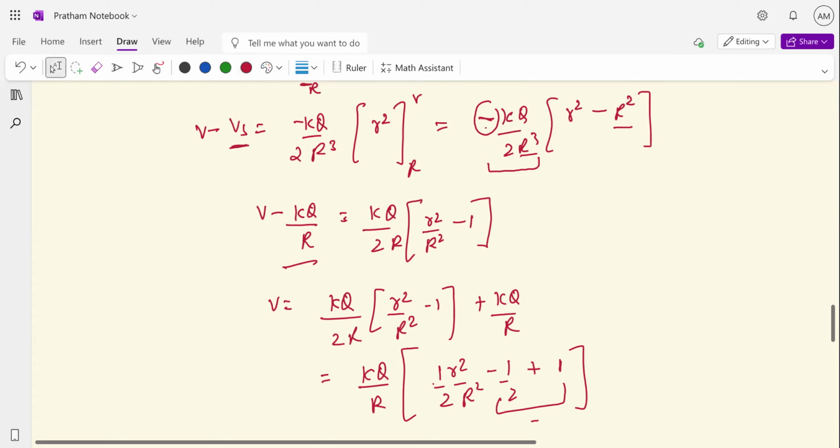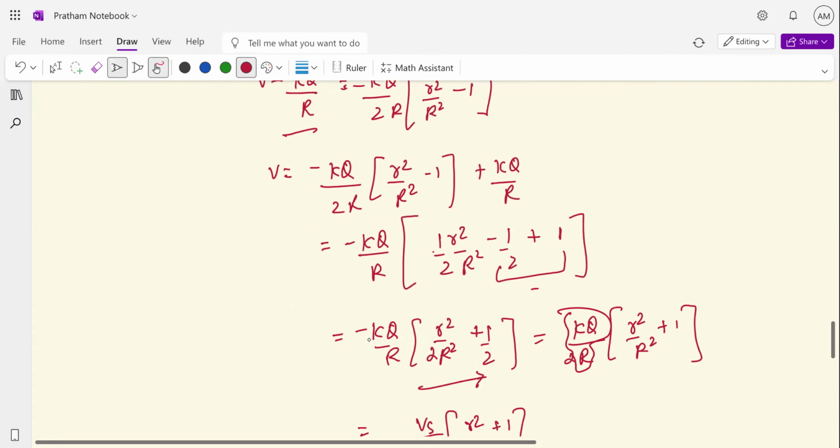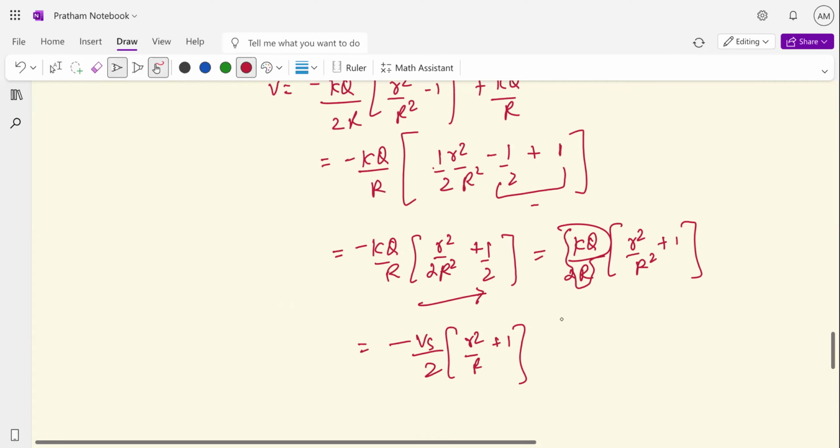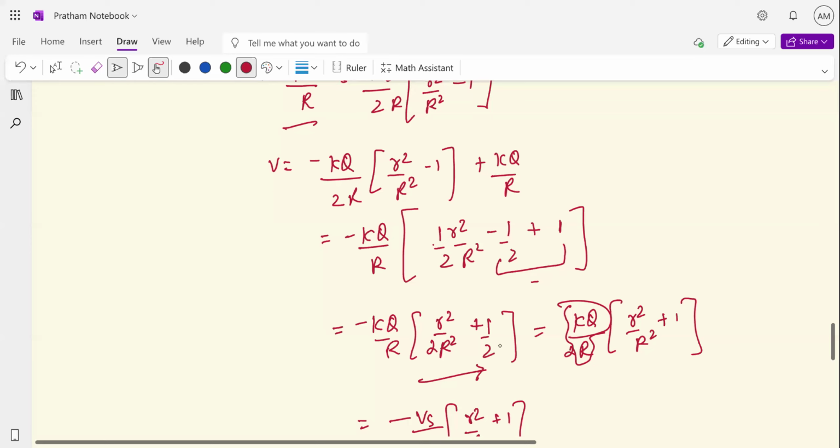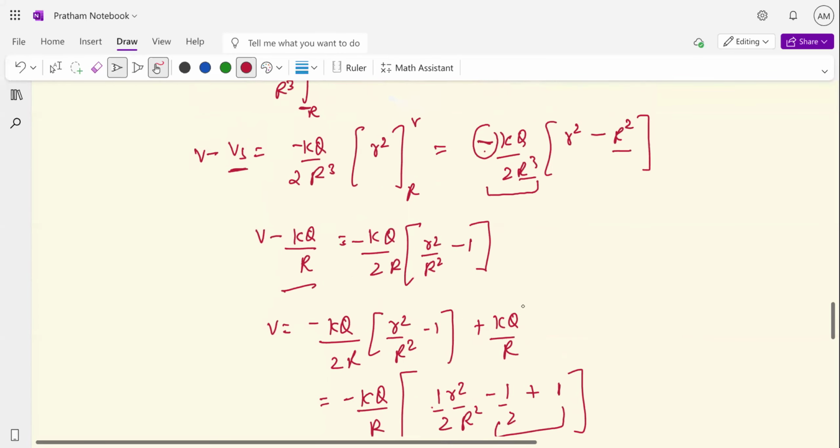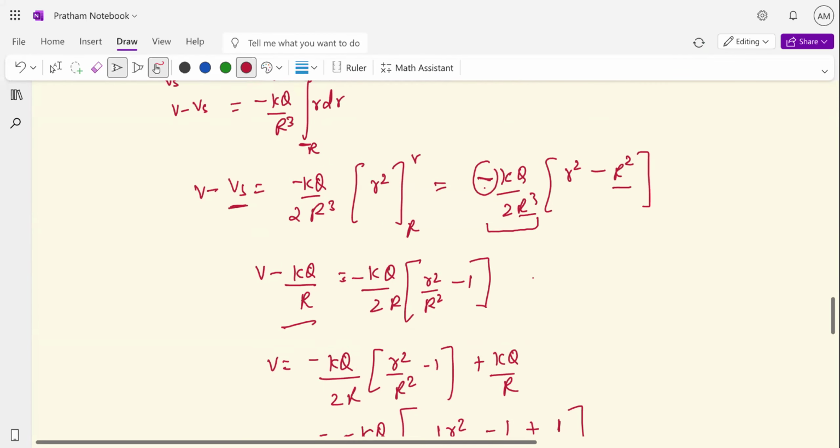We should have kept this negative sign along with it. So put it negative, negative, negative. I'll put this thing finally inside also. So we'll see this part. I think some calculation mistake I did here.